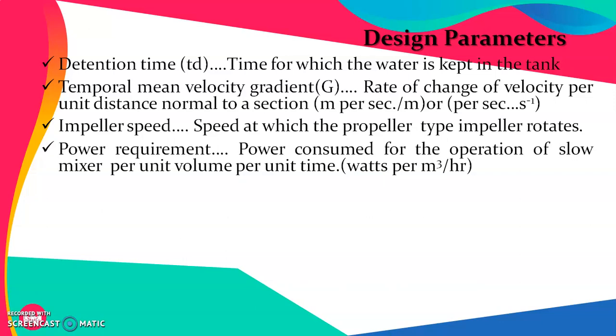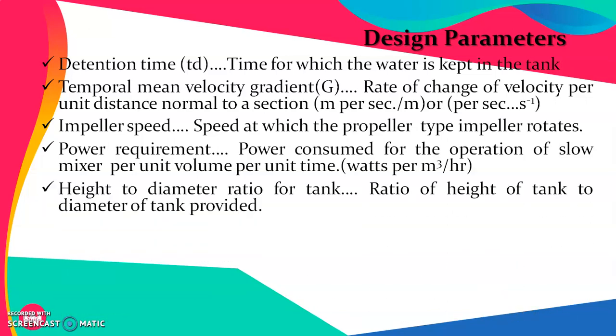Whatever mixing is achieved, it is achieved by the rotation of a shaft, and for that we need a certain amount of power. So the power requirement is the amount of power consumed for the operation of the mixer per unit volume per unit time. It is measured in terms of watts per meter cube of water treated per hour.